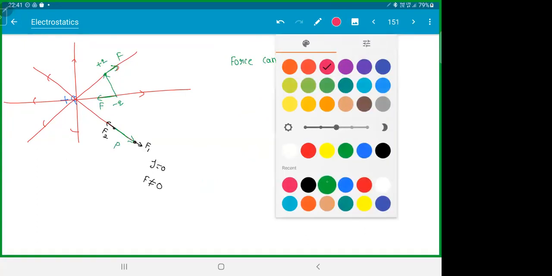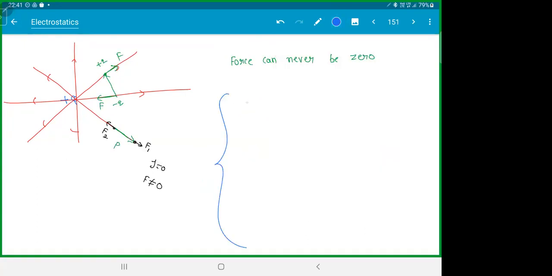The best way to explain, right? You can actually use the alternative. That will be better. Since there is no null point for a dipole, force on charge Q due to dipole is never zero.